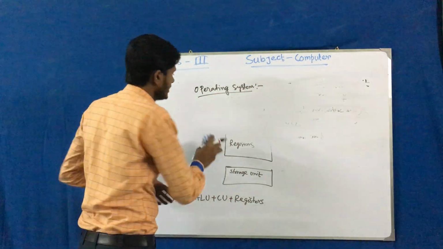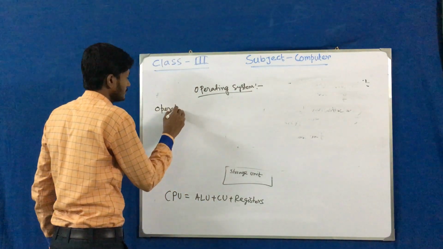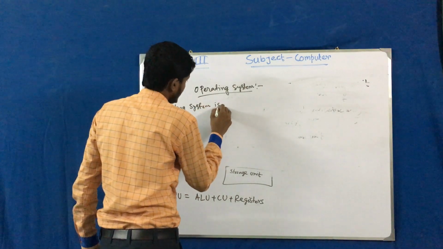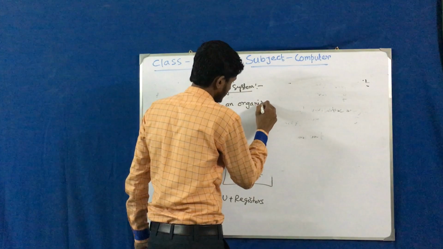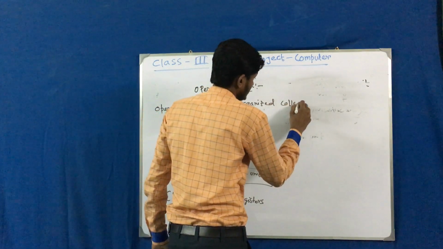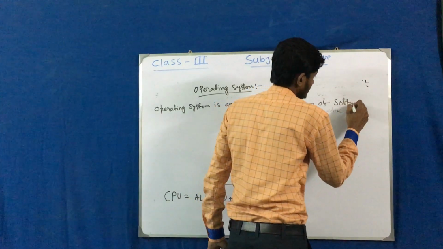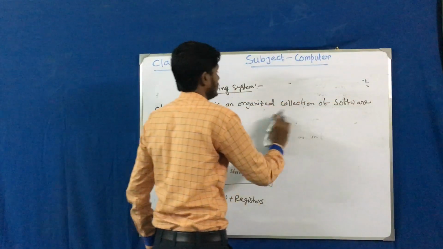What is an operating system? An operating system is an organized collection of software.